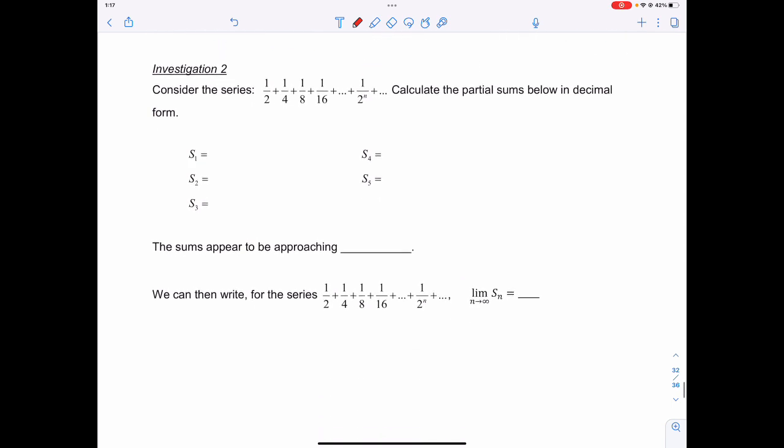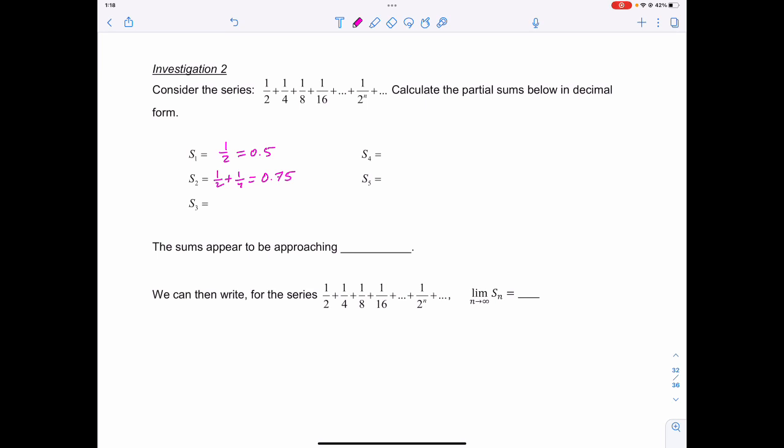What about the second case, where if I had 1/2, 1/4, 1/8, 1/16, all the way to 1/2 to the power of infinity? Well, the first one is just going to be what the first term is, 1/2. The second one is going to be 1/2 plus 1/4, which is 3/4 or 0.75.